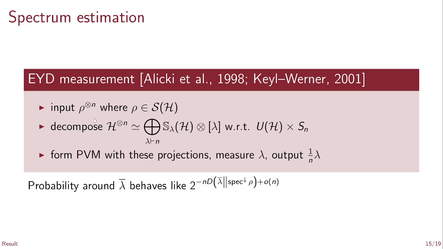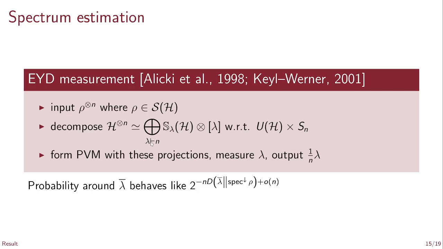And one proposal for doing this is to decompose the nth tensor power Hilbert space with respect to the unitary group and the symmetric group, which is also called a Schur-Weyl decomposition. And this gives a bunch of projections. These lambdas are integer partitions of the integer n.